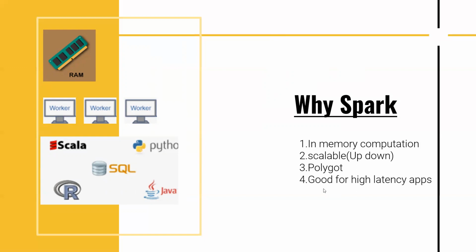The last point is that it's good for high latency apps. Obviously, if you're dealing with a large and huge set of data, latency comes into the picture because your query response time will be a little higher. So to process this data in stipulated time, Spark processes that data.